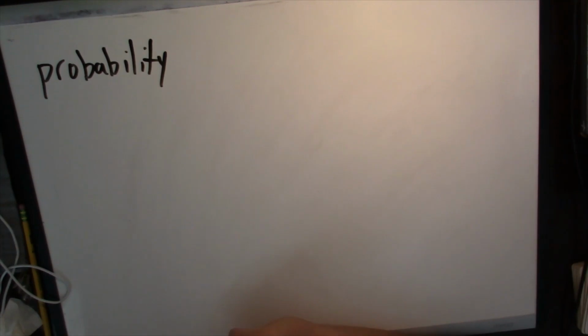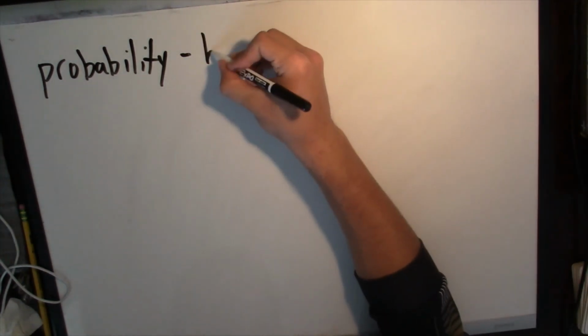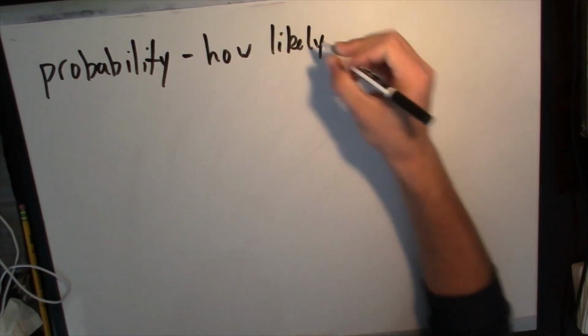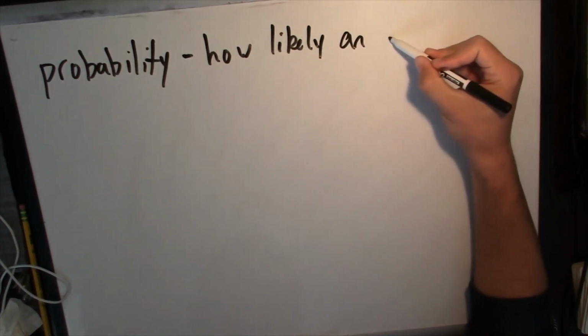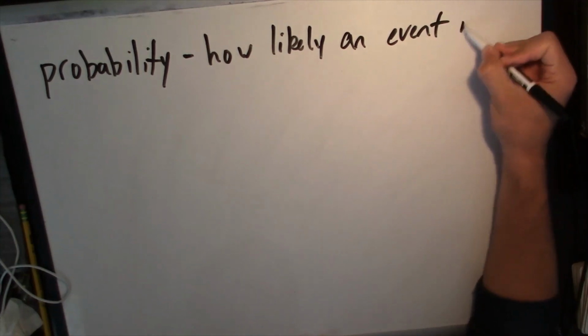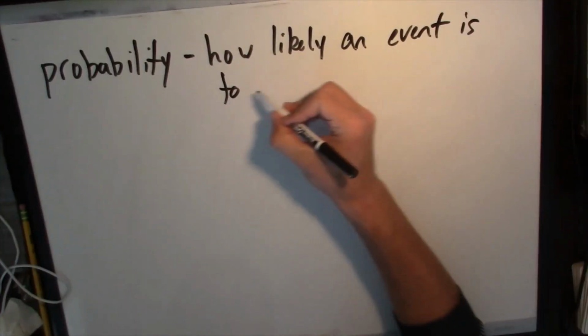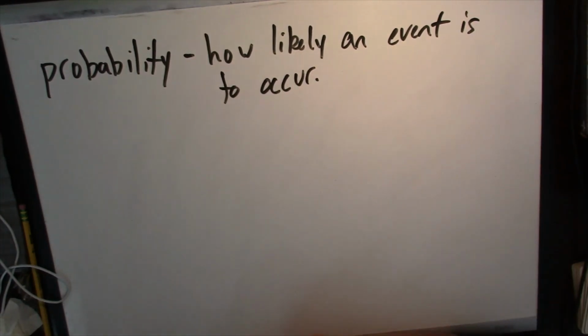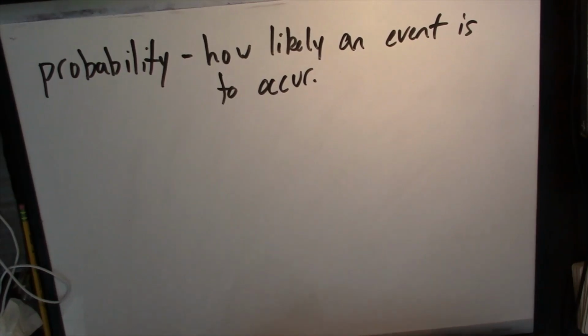Probability is how likely an event is to occur. So you've probably heard the word probability before. What is the probability that something's going to happen? Well, probability is just how likely something is going to happen.